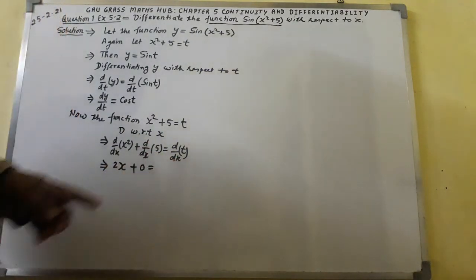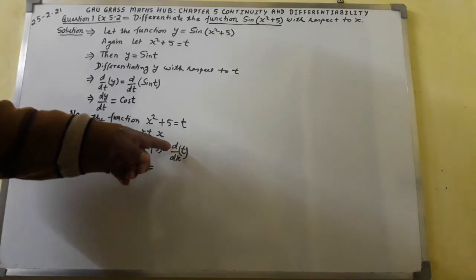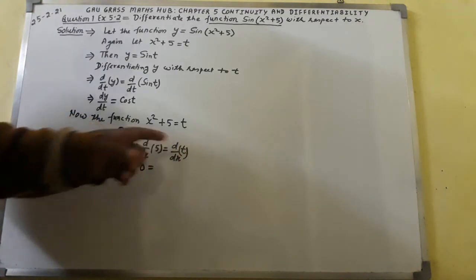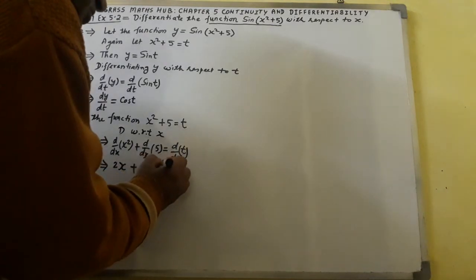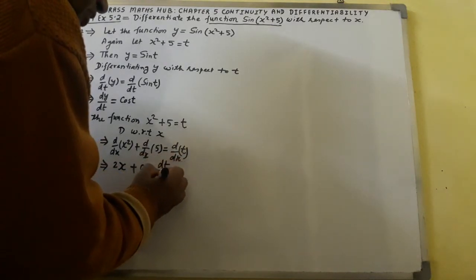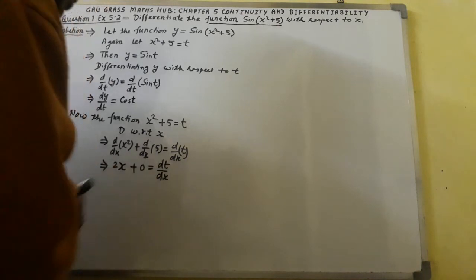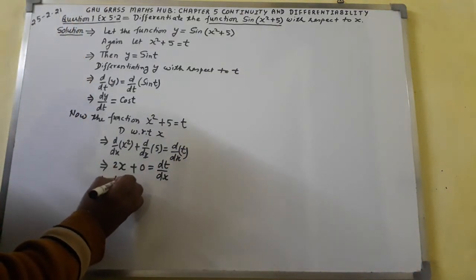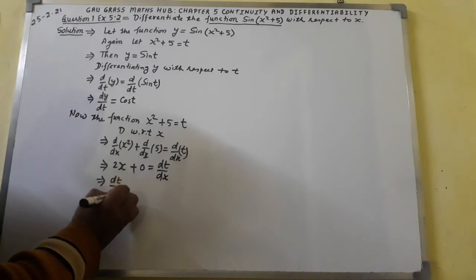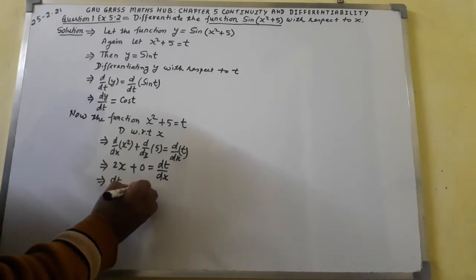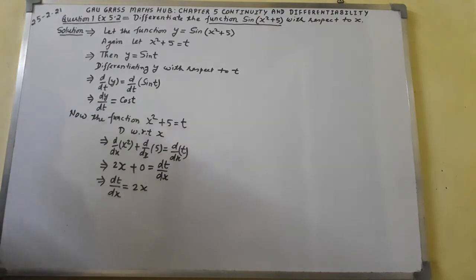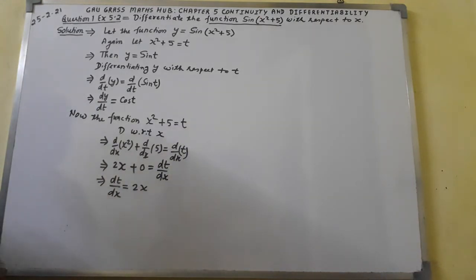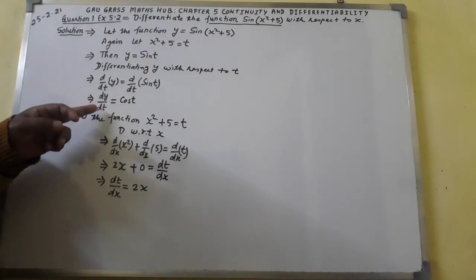And this t will be conjugated to small d, so it will become dt over dx. So you have got dt over dx is equal to 2x, and here you have got dy over dt equal to cos t.